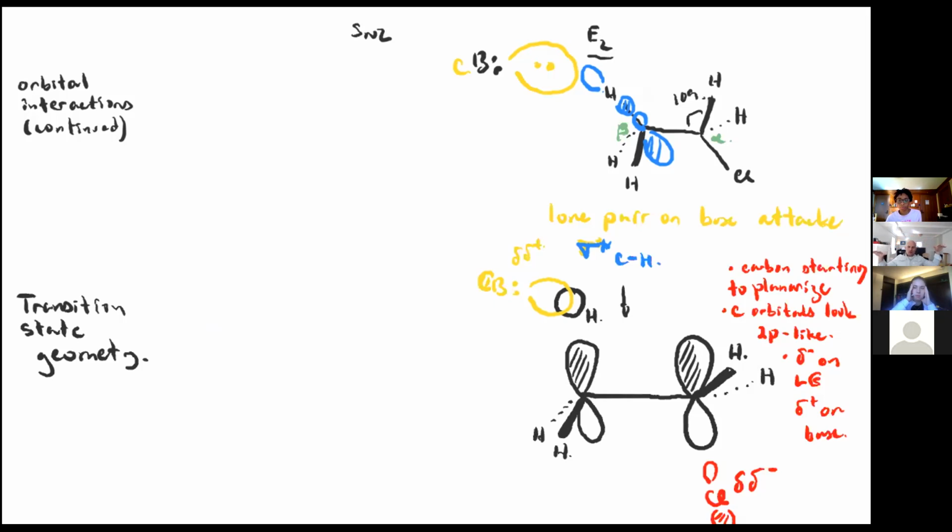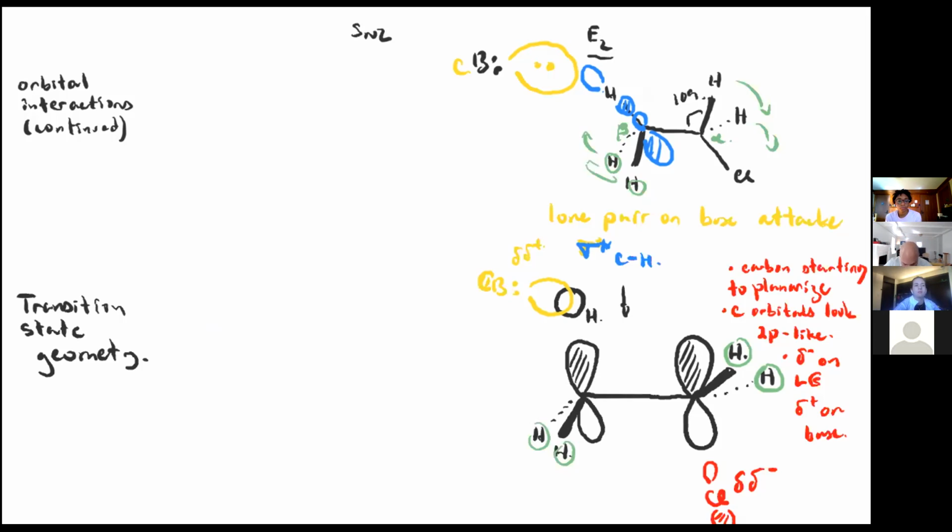Okay. And so these hydrogens on the side here, I've intentionally pushed them down a little bit. And these guys are starting to come up relative to the starting material. So the geometry is between the product, which is fully planar, and the starting material, which is fully tetrahedral. The transition state is somewhere in between. Where exactly it is in between depends on the reaction conditions, but the important point is to know that it's somewhere in between, okay?